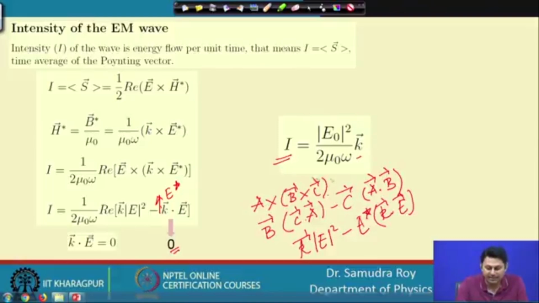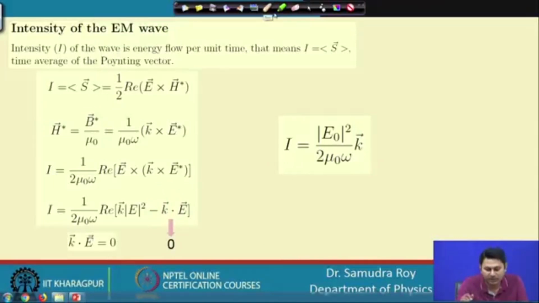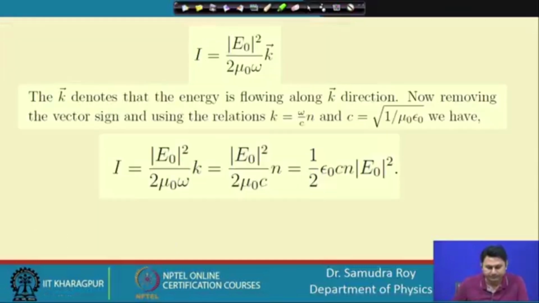So, technically this equation is not right, but I just put the vector sign here so that I can know in which direction the energy is flowing. The energy is flowing along the k direction, but in the next slide we will remove that and eventually find the final expression.